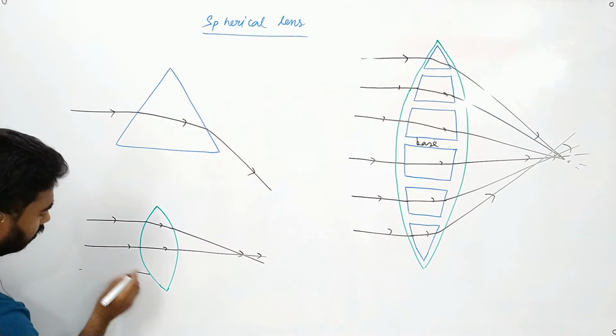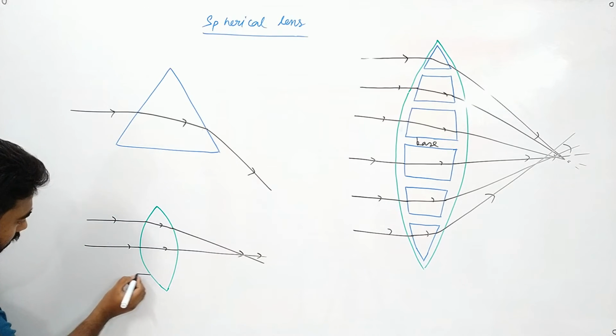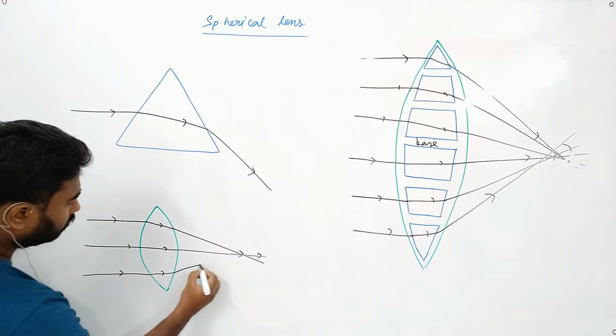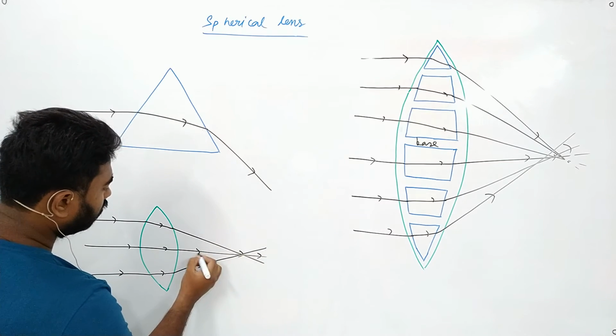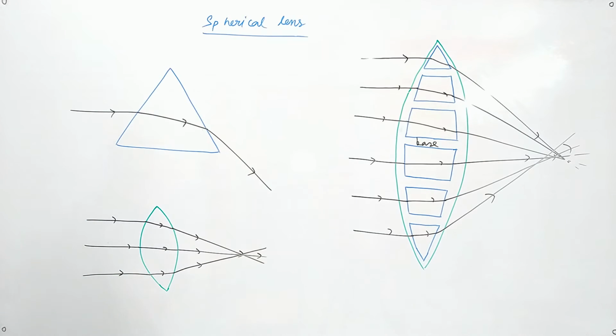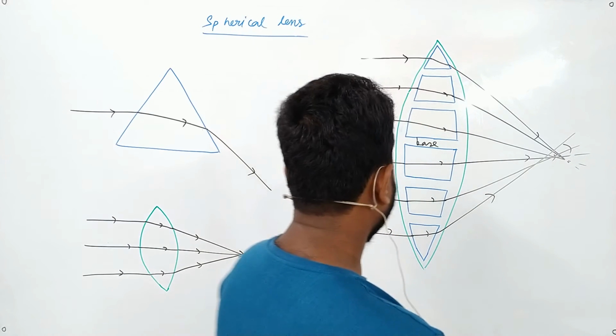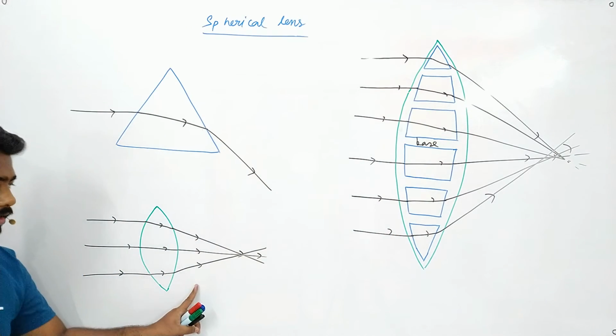Can I say this? Is the concept clear? I'm just asking you. Yes, sir. Is the concept clear now? Okay, very good. So we have this kind of lens.